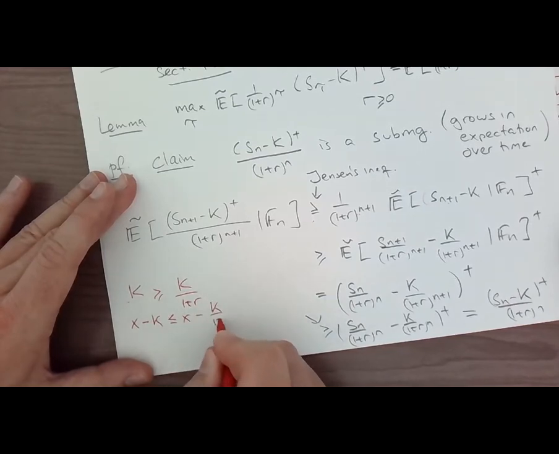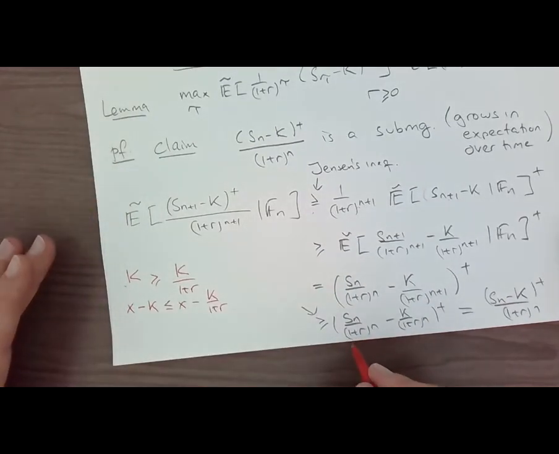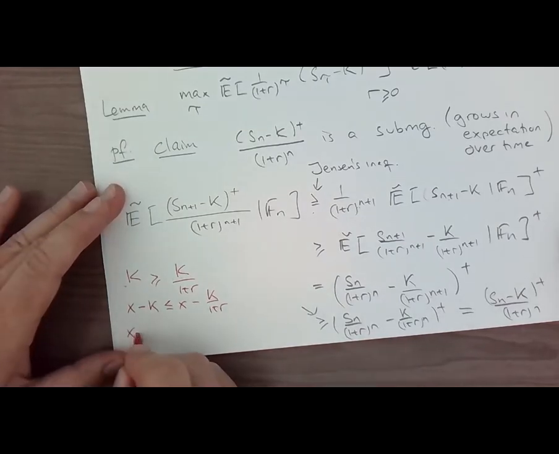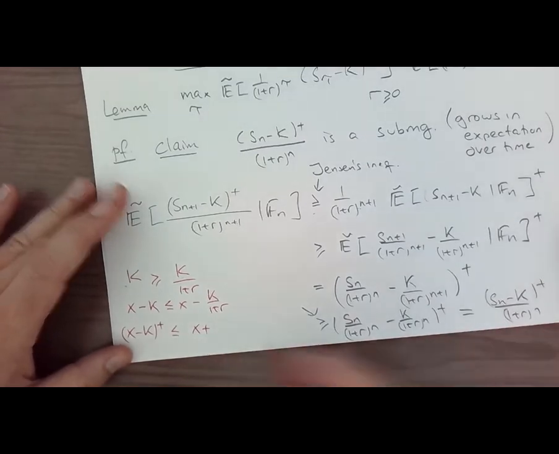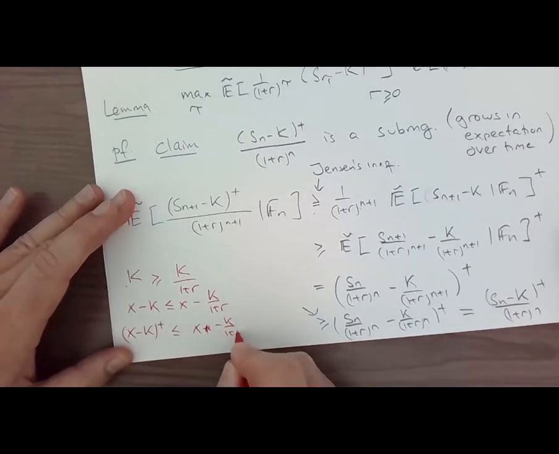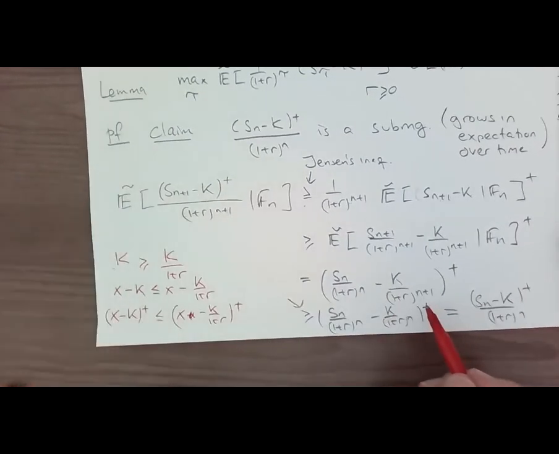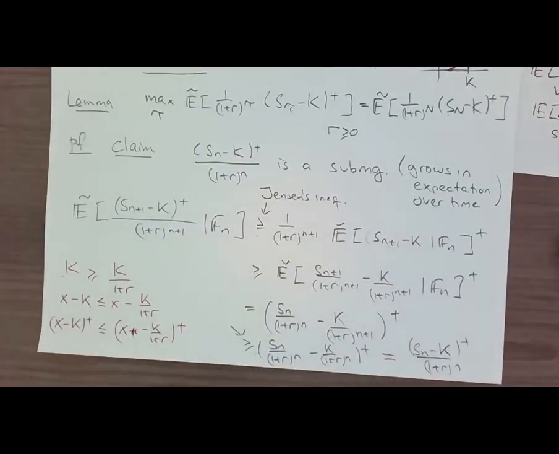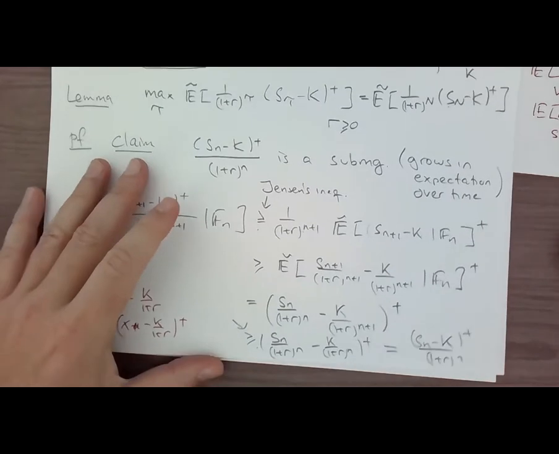So this is minus K over 1 plus R. And so then I'll take positive part. Minus K divided by 1 plus R. And this is what I have over here. Yeah, this part here is bigger than or equal to this one down here. So that's the end of the argument.